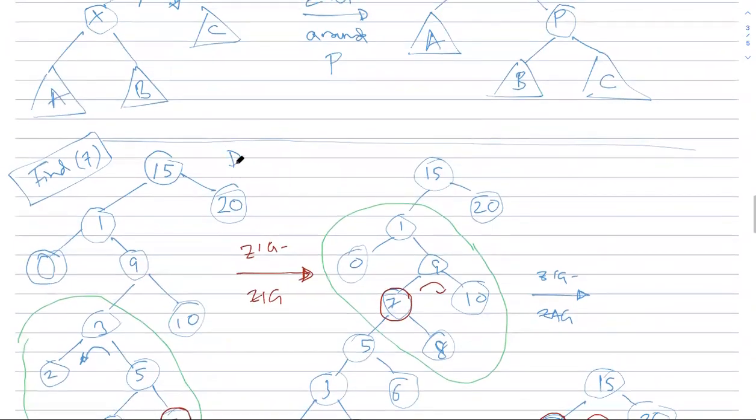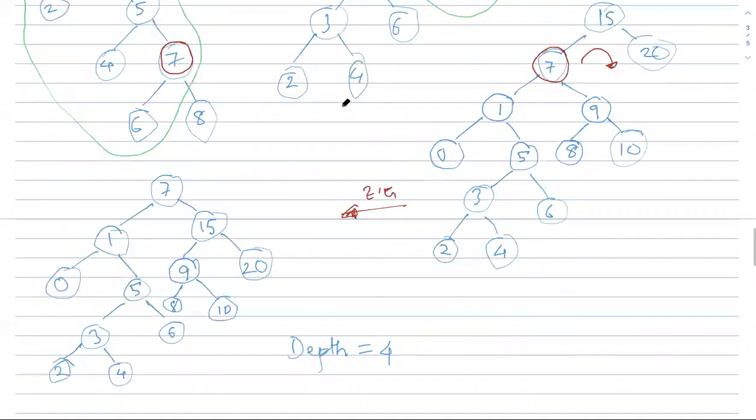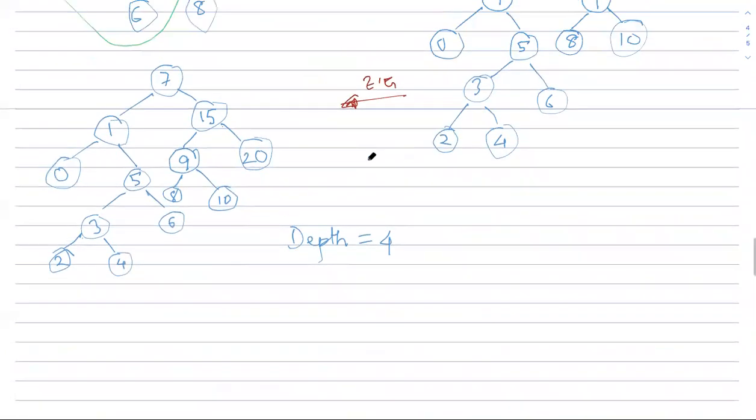So we started with a depth of 6. So after these series of zig-zag rotations, following the Splay tree convention, we reach a very effective configuration of reducing the depth.